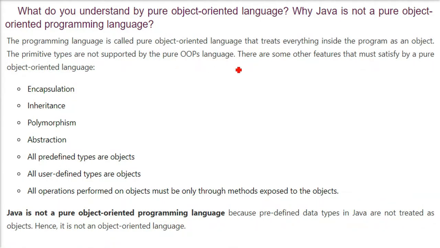A programming language is called a pure object-oriented language if it treats everything inside the program as an object. There cannot be any predefined data types or user defined data types. Everything has to be an object. So the primitive types are not supported by pure object-oriented programming languages. No primitive, no predefined.